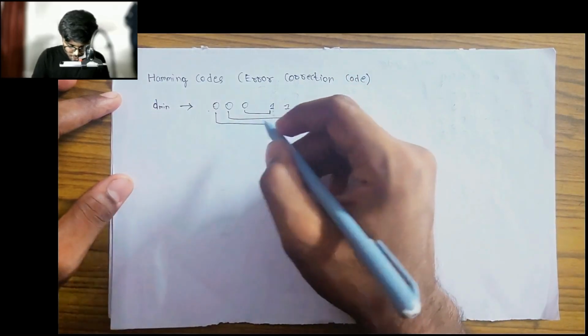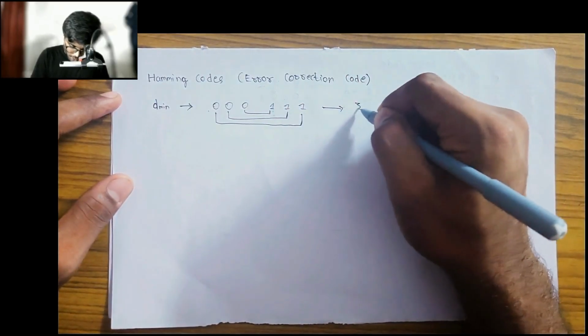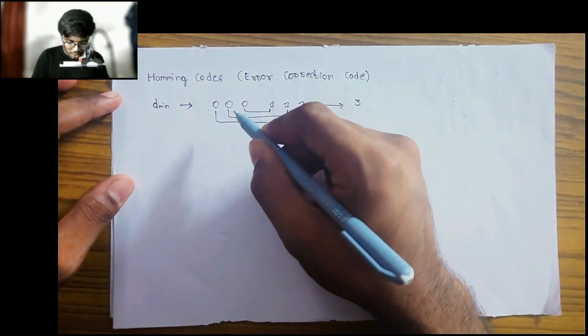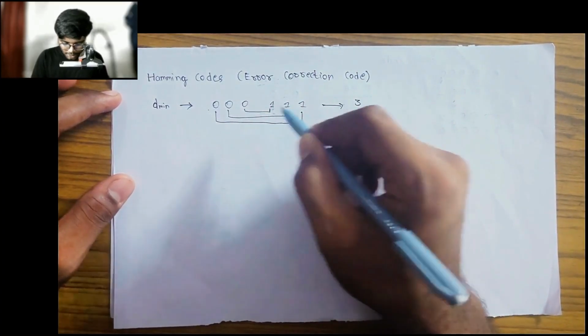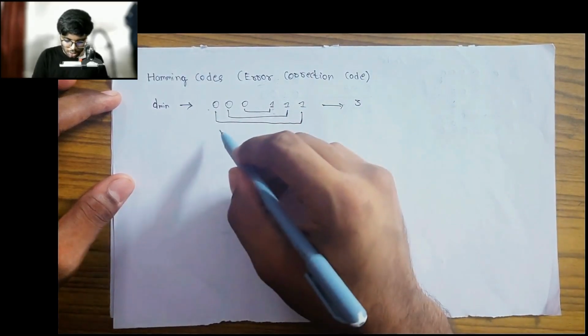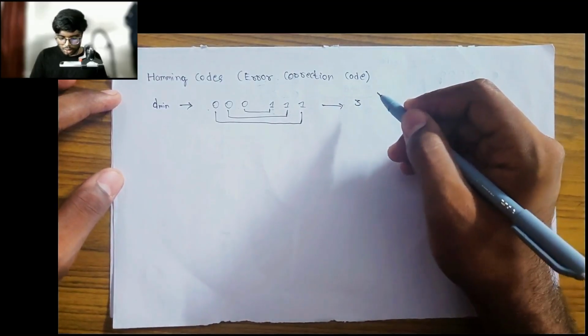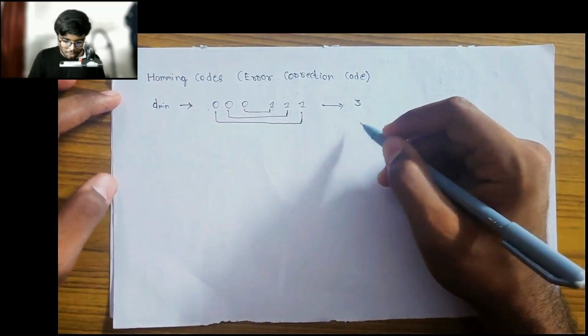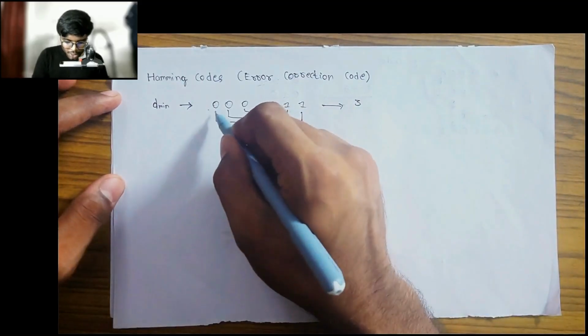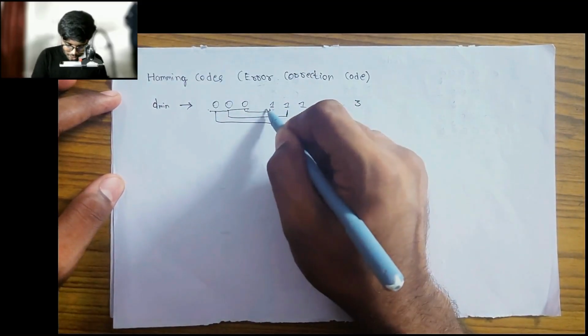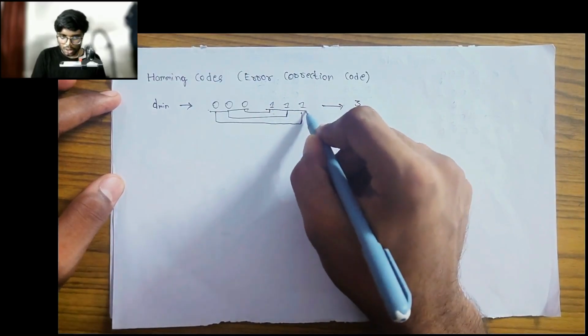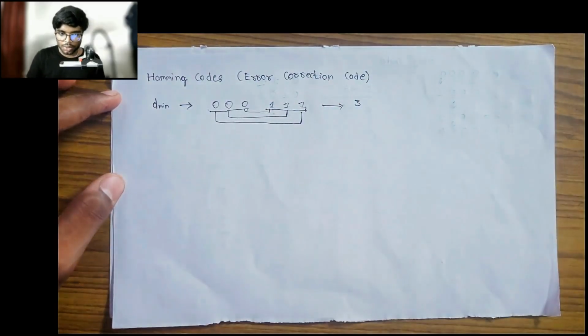So the minimum distance of this is 3. That means the minimum number of bits that change between one valid code and the next valid code that a circuit accepts is called the minimum Hamming distance. And the valid codes that the circuit accepts, in this case 0, 0, 0 and 1, 1, 1, are called valid code words of the circuit.